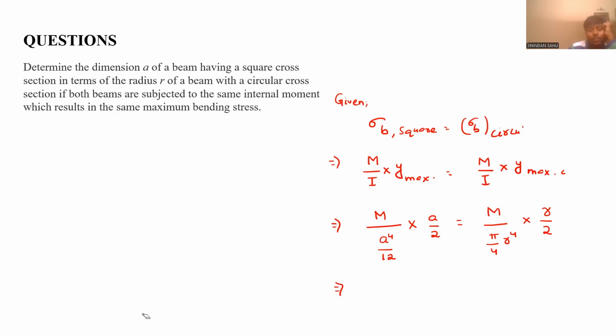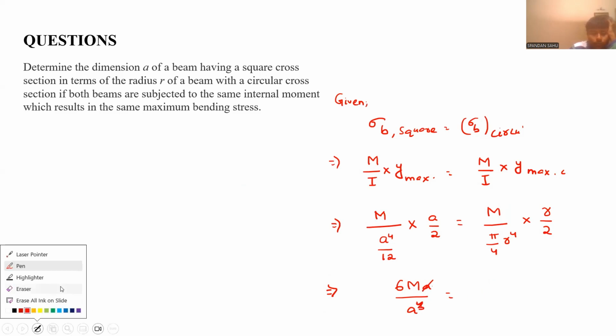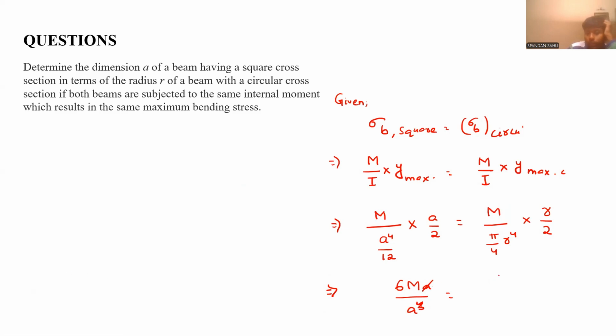That means we will be left over with 6M by a cube equal to 2 upon pi M upon r cube, or r power 4 into 1. Just check. Can we write this?